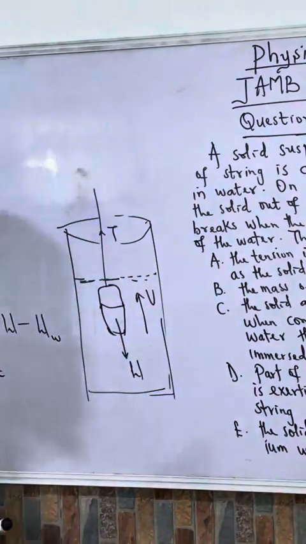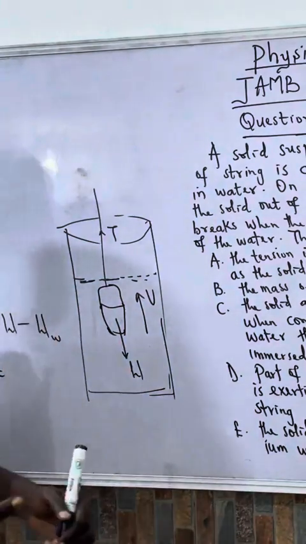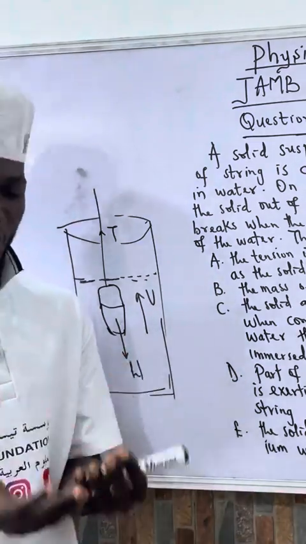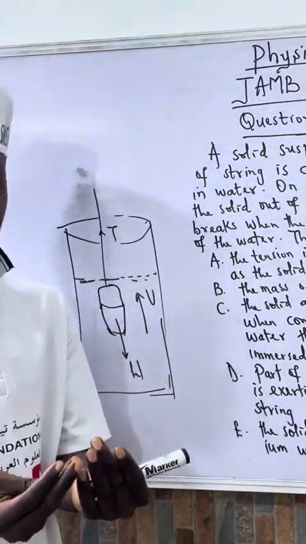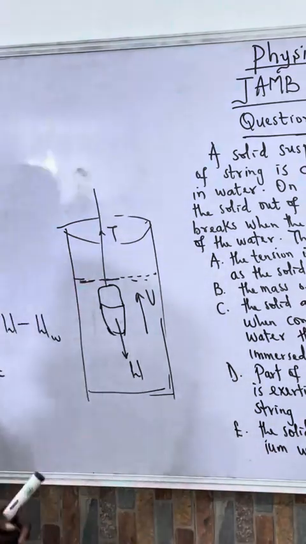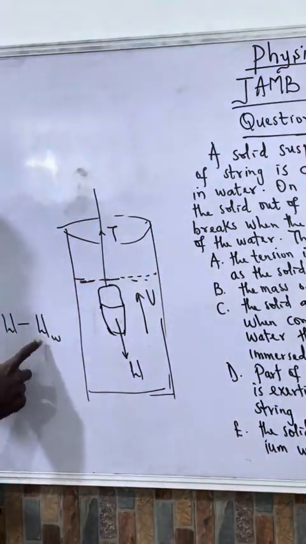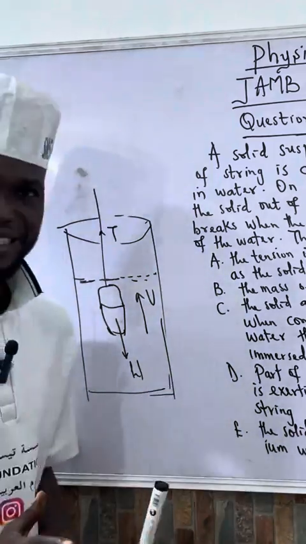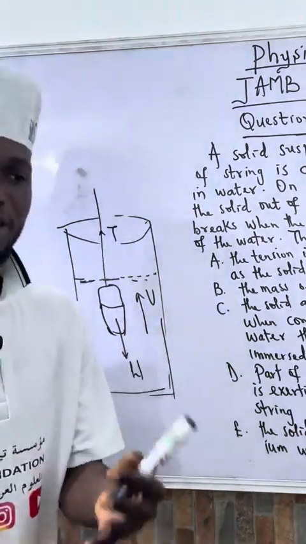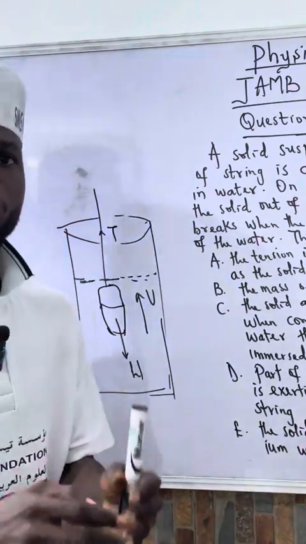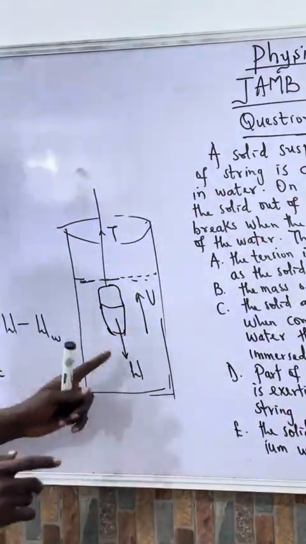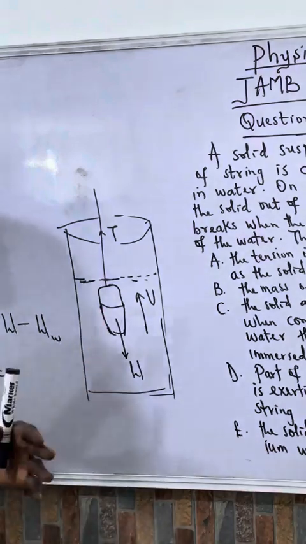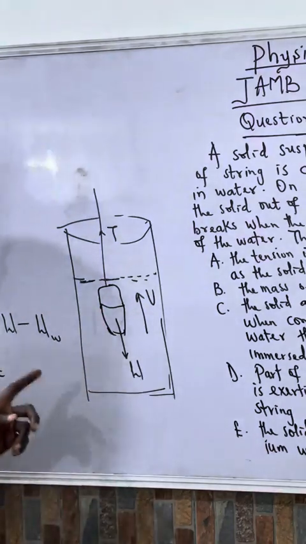If it is now out of the water, maybe partially or completely, but partially in this case, this weight will now become less because when you are dragging it out, it will become less. So in that regard, the upthrust will now reduce. The upthrust will reduce in that case.